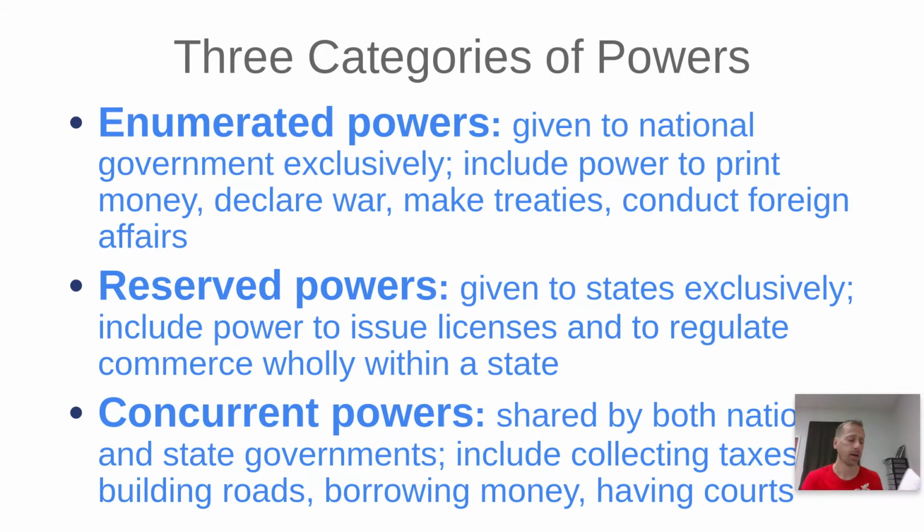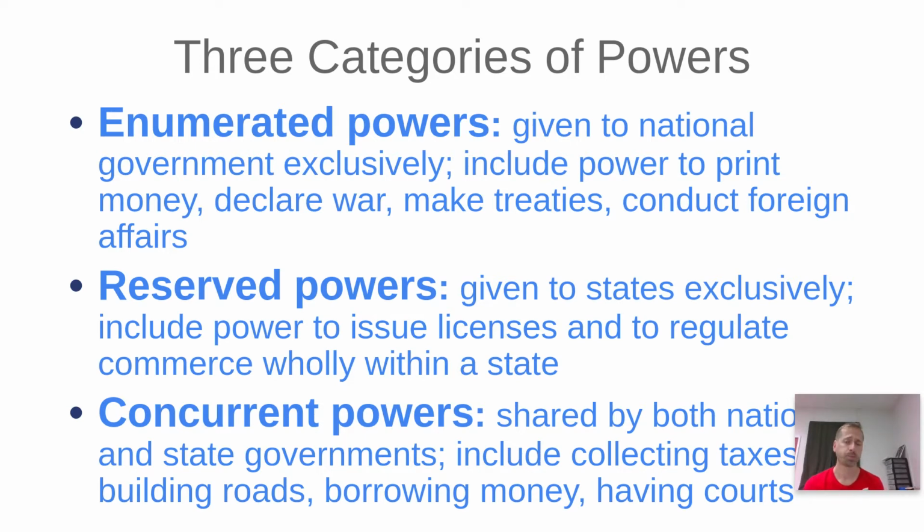Now that you're back, this is the necessary and proper clause. This gives the federal government another type of power, and that power is called implied powers. Implied, if you think about that word, if you imply something, you don't specifically say it, but you know it needs to be done, or everybody knows that you're saying it. So implied powers are not specifically stated in the Constitution, but they are necessary for Congress to carry out their enumerated powers.